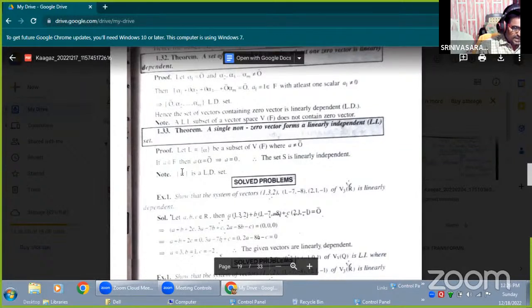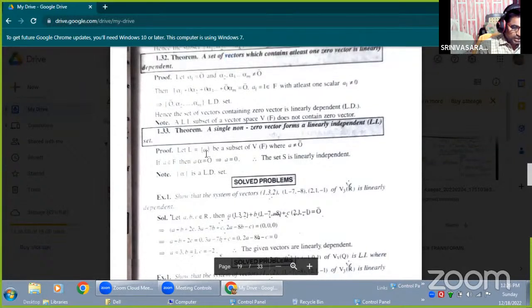Take a scalar A and write the linear combination: A alpha equal to 0 bar. But here particularly A equals 0, because of the non-zero divisors definition: a field is a ring with no zero divisors. If the product is 0, then one of them must be 0 and the other non-zero. Particularly here alpha is non-zero, so the remaining scalar must be 0. So the given set is linearly independent.